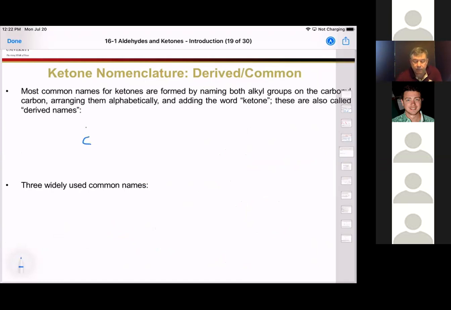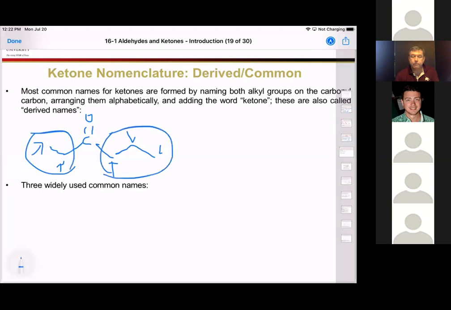So if we had, for example, the carbonyl in the middle here, and we had this group here, we would have 2 carbons on one side of the carbonyl and 3 carbons on the other side. So we would have ethyl propyl ketone. Sorry, we have 3 carbons here. Ethyl propyl ketone. And again, we name them in alphabetical order.